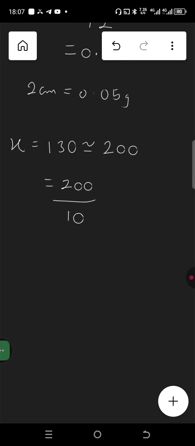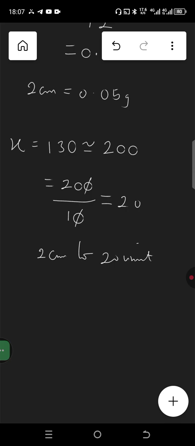That is what we use to start. Dividing 200 by 10, we cancel the zero and have 20. That means on the x-axis, our scale will be 2 centimeters to 20 units.